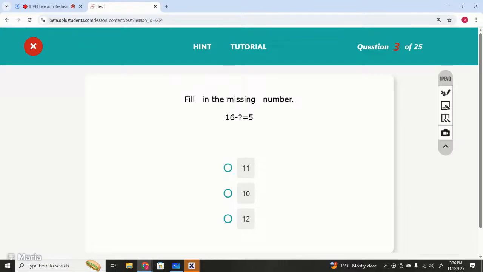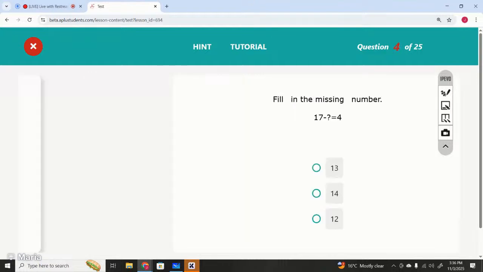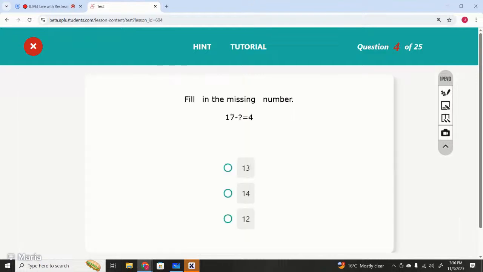Fill in the missing number. 16 minus the missing number equals 5. So 16 minus 11 equals 5. Option number 1 is the correct option.